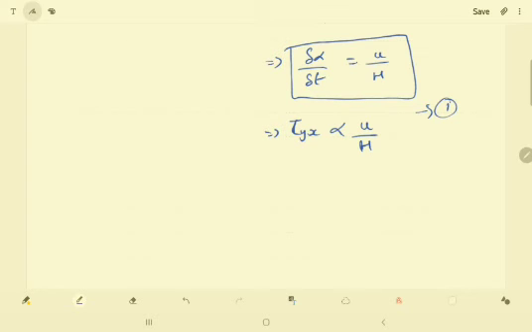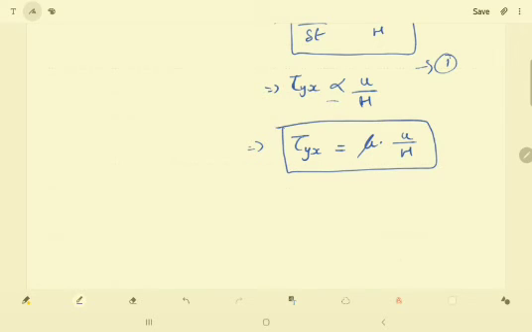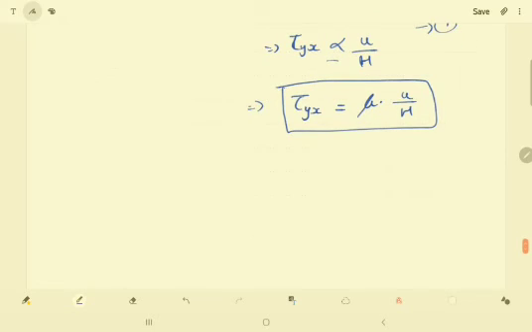To remove this proportionality and keeping a constant over here, we write tau yx equals mu into u by h. Here mu is the viscosity of the fluid.